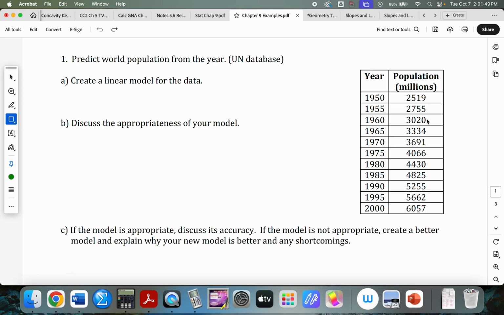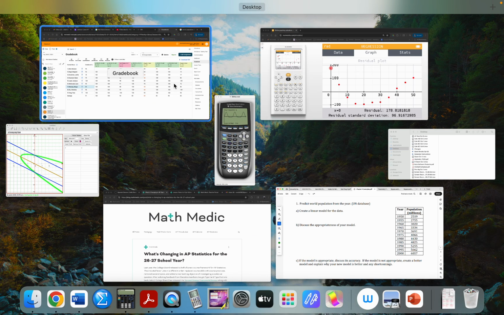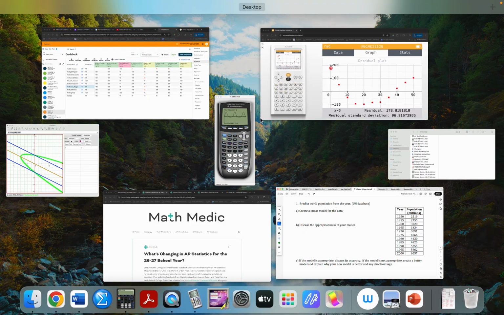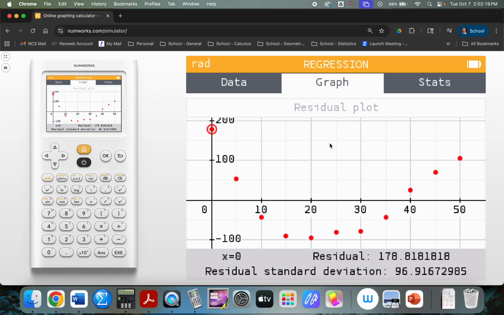So let's try a couple of things. What's something we could try? Well, we could try to take the logarithm of these numbers, and let's use the natural log. Okay? So we're going to take the natural log of the population, so of our output variable.